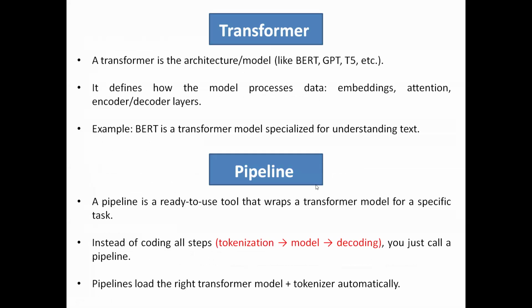As far as pipeline is concerned, what is a transformer? It is a big architecture, a complete model. Along with that, to work with transformers, what do we need? If we want to take some particular result from transformers, we need a pipeline.